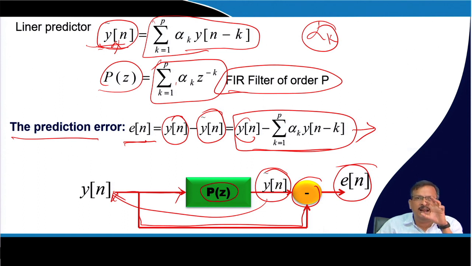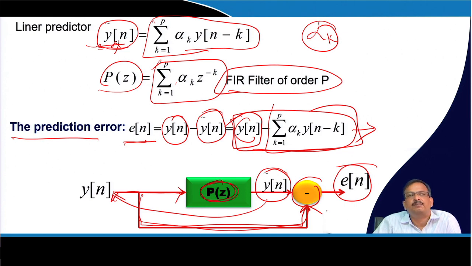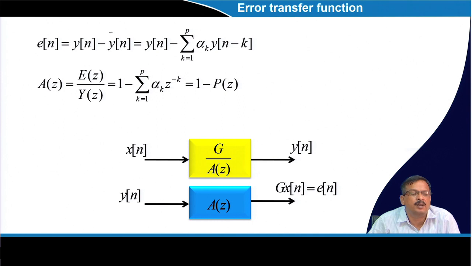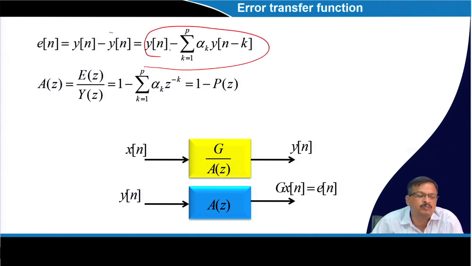So prediction error is nothing but the original value minus the predicted value. So the predicted value is this one, the original value is y n. So I can say that if P z is a prediction filter which is the linear combination of the previous outputs, then y n minus the estimated signal is my error. Okay, no problem.